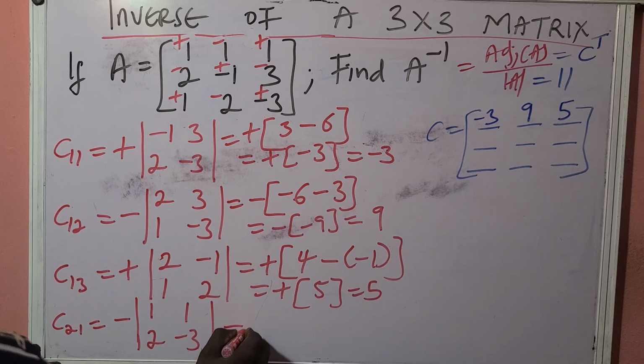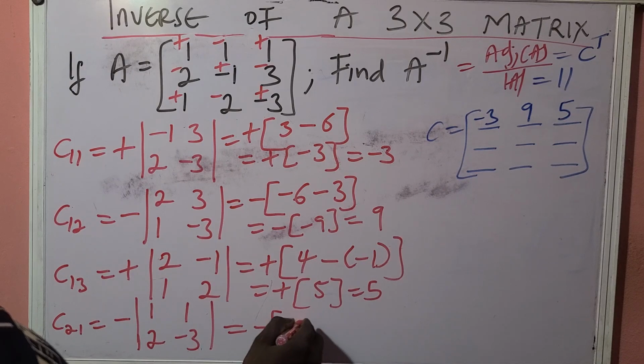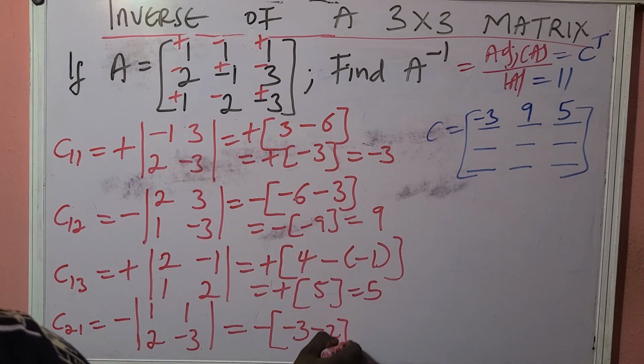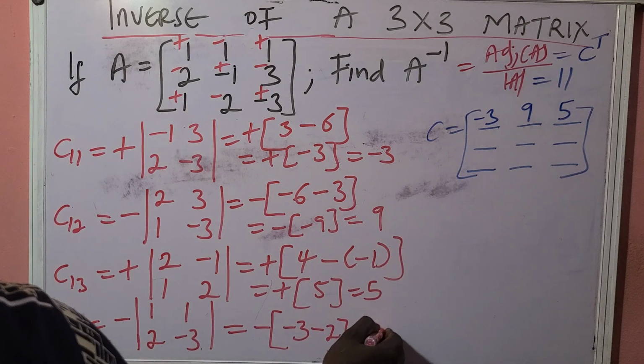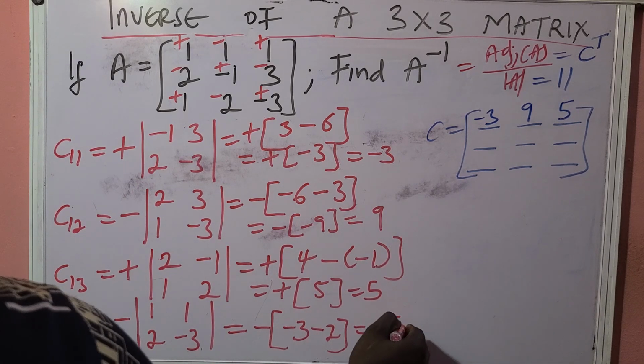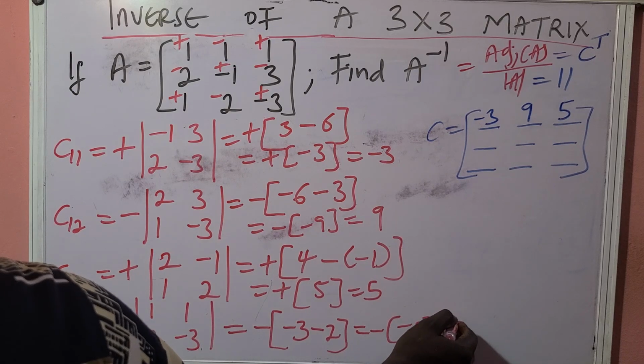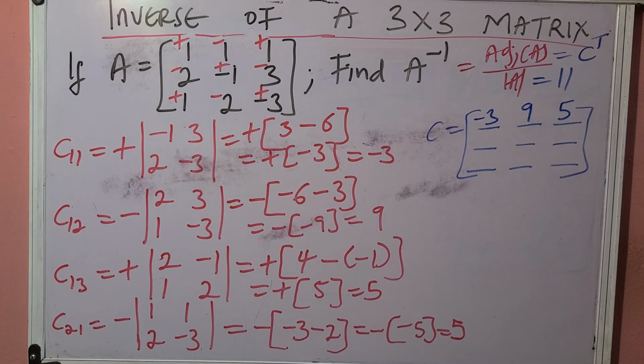We go on to find the determinant there. 1 times minus 3, that will be minus 3, minus 2 times 1, that will be 2. This will be minus, then minus 5. This will give us a value of positive 5. We have a value of positive 5 right here, and that gives us the value we're looking for, C21.